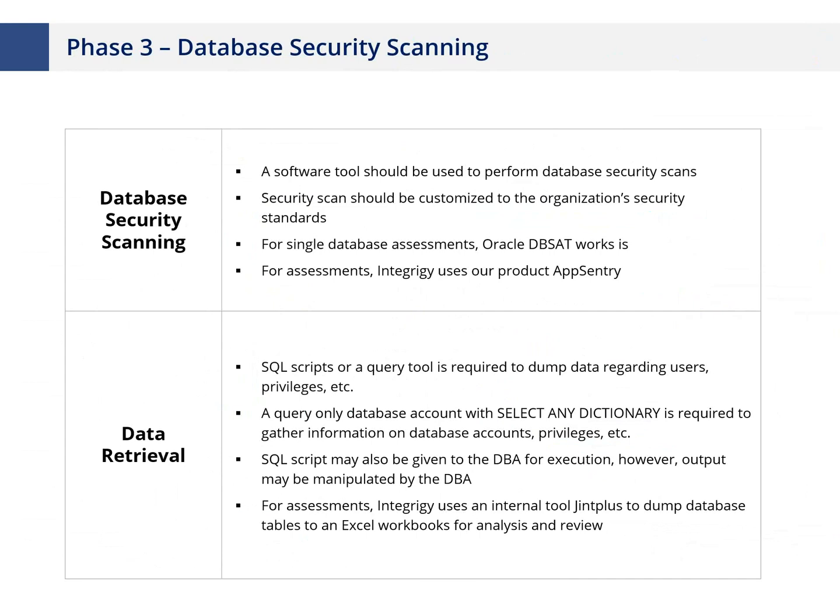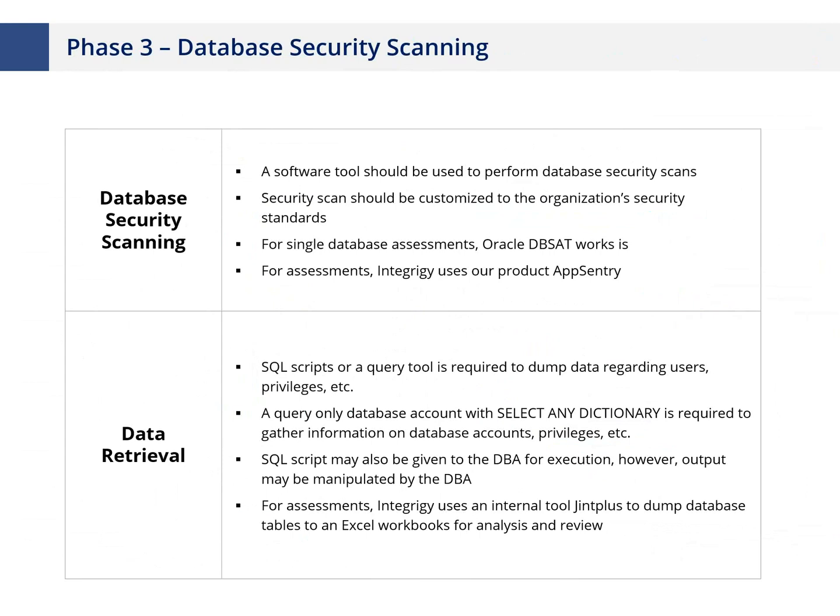Those tools will tell you if there's an initialization parameter wrong, if there's a default password. What they won't do is do a very good job of giving you all the database permissions, giving you all the database accounts so you can go through and do detailed reviews of that. So you also need some sort of data retrieval tool. These may be SQL scripts, it may be a query tool.